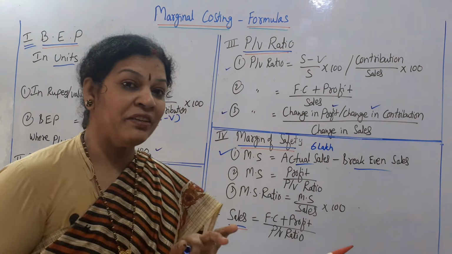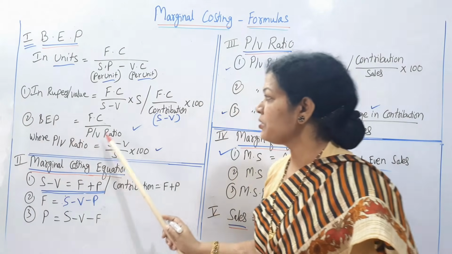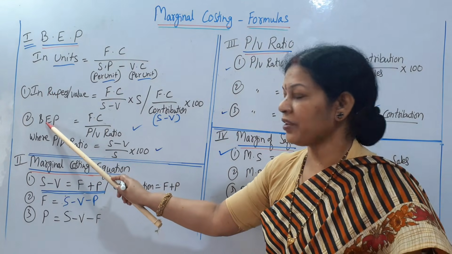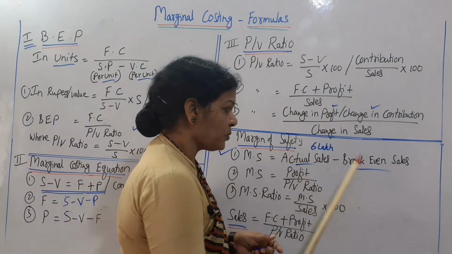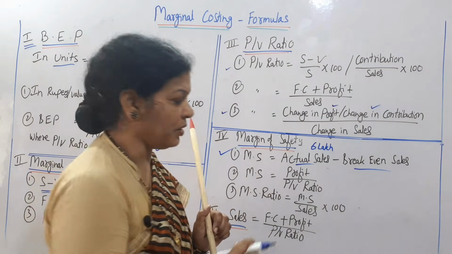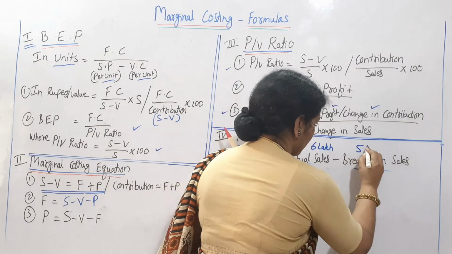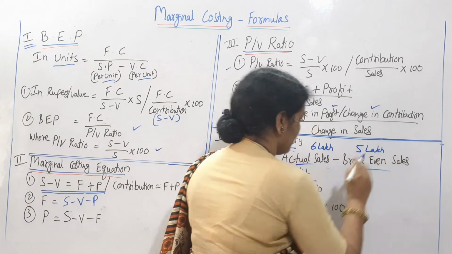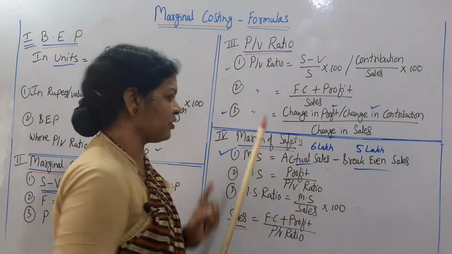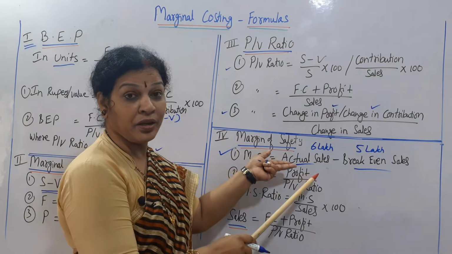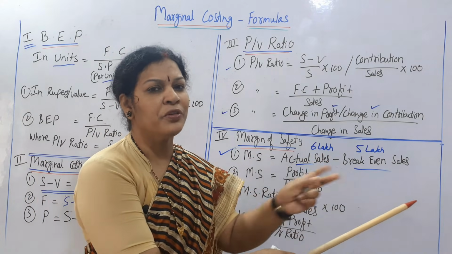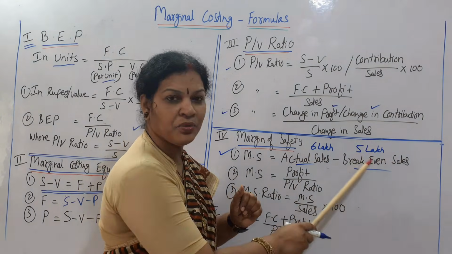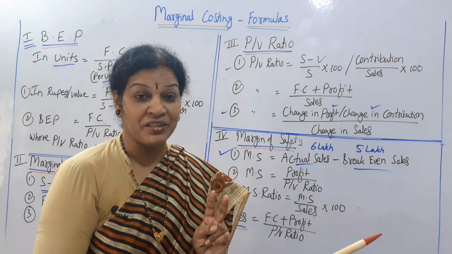As per the break-even sales, when you use the first or second formula, you will get break-even sales. Say, as per that formula, it is 5 lakh. The difference is the margin of safety. Actually I got 6 lakh of sales, but as per BEP, which means no profit, no loss, at that stage the break-even sales is only 5 lakh.